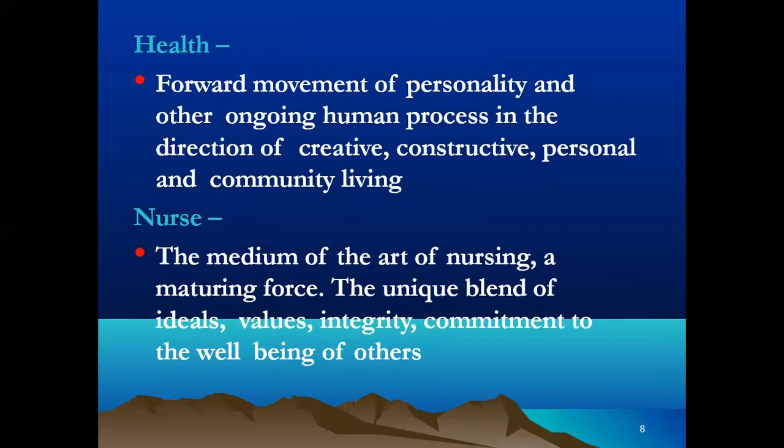Health can be defined as a forward movement of personality and other ongoing human processes in the direction of creative, constructive, personal, and community living. In short, health in this theory is not static, but ever evolving.